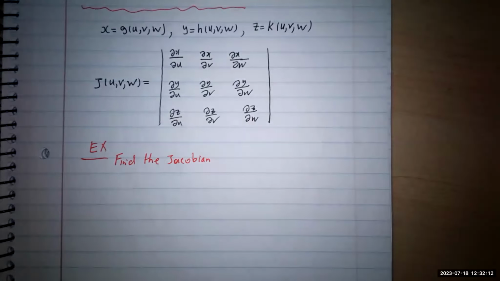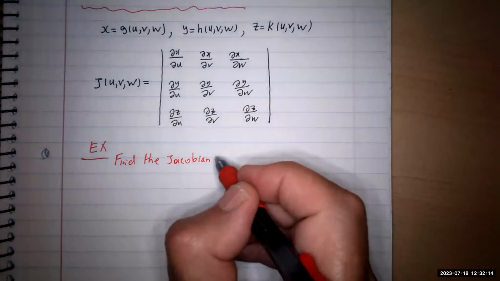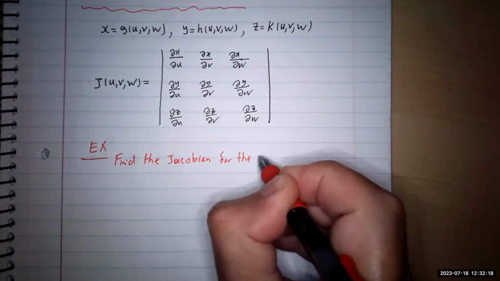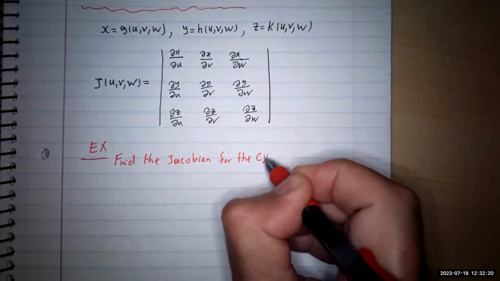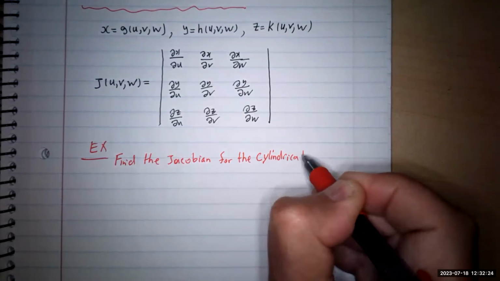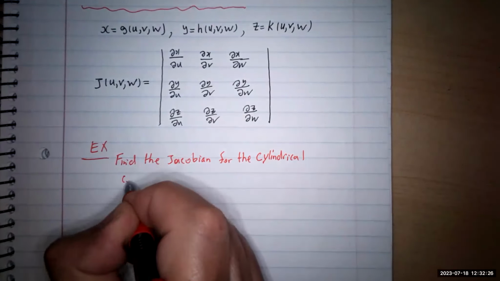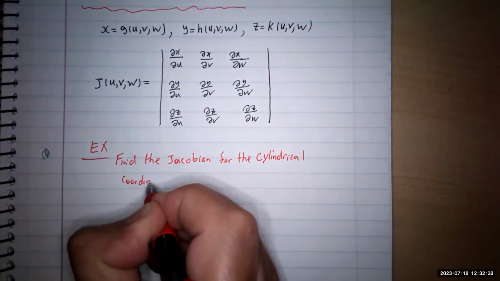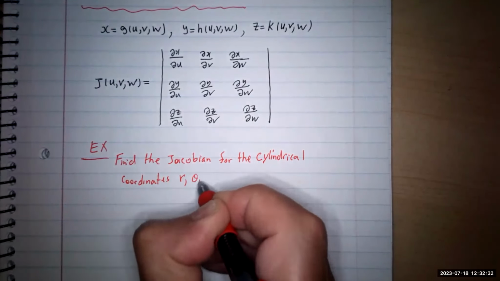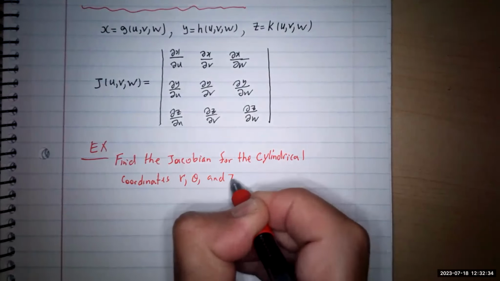The algebra involved is much more. Find the Jacobian for the cylindrical coordinates. You know that's going to be r, theta and z. That's easier. Let's do this one.